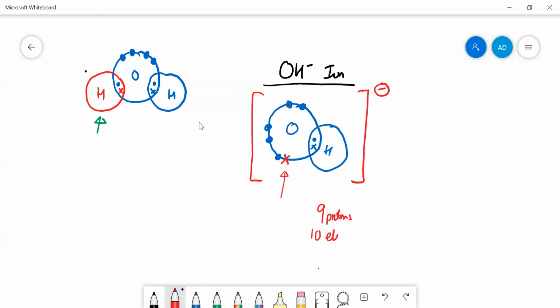Well, we've only got 8 on that diagram, so the other 2, of course, are the inner shell of oxygen, which we haven't drawn. But you've got 1 more electron than proton, so overall the thing has a negative charge, and that negative charge will be spread over the whole of the ion. It won't just be sitting there. Okay, so that's the hydroxide ion. Now let's do the hydrogen carbonate ion.